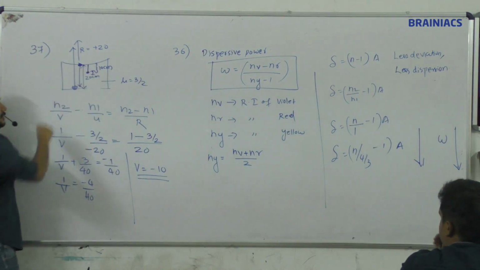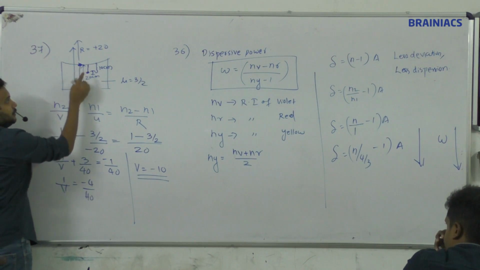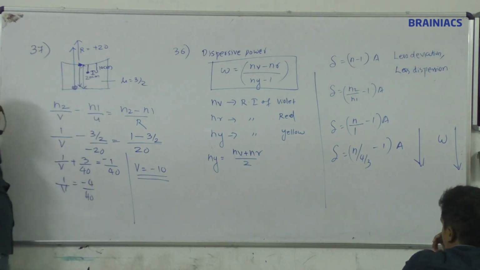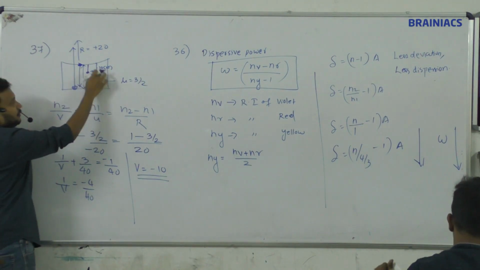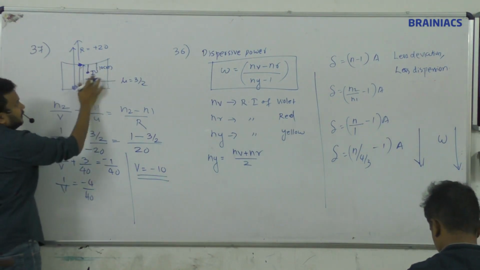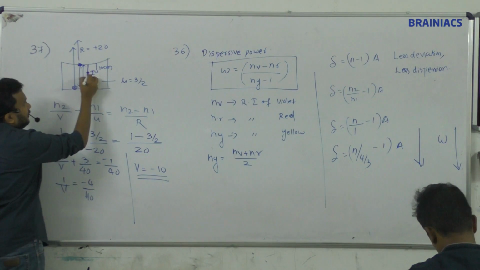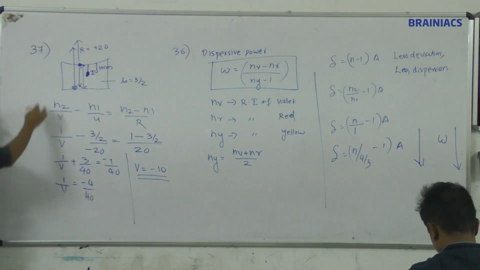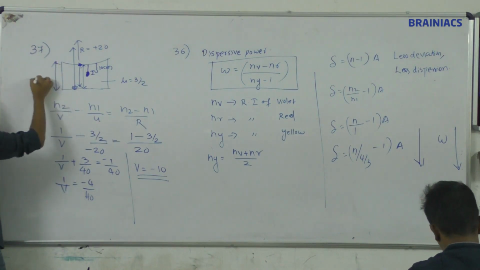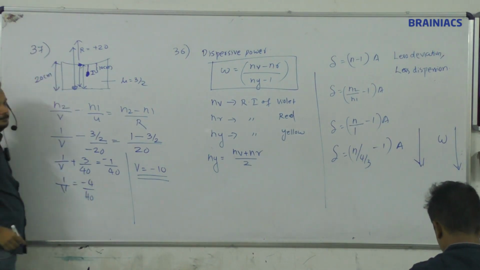So in this structure the image is found 10 centimeters below, and here the image will be formed at 10 centimeters away. The total thickness will be equal to 20 centimeters.